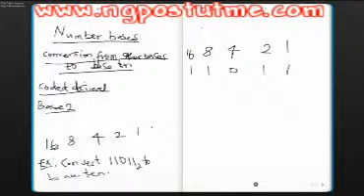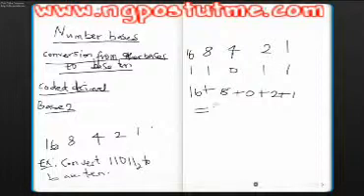I multiply. 16 times 1 gives you 16. 8 times 1 gives you 8. 4 times 0 gives you 0. 2 times 1 gives you 2. 1 times 1 gives you 1. Add all this together, you are going to get 27. That means this 11011 base 2 is 27 in base 10.